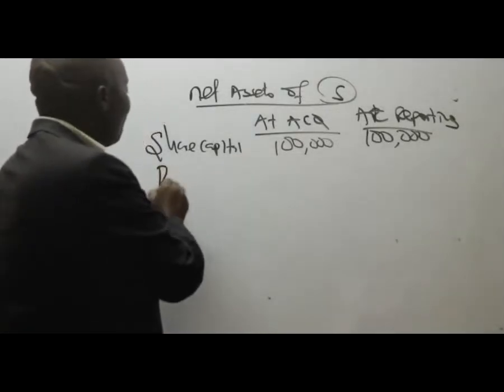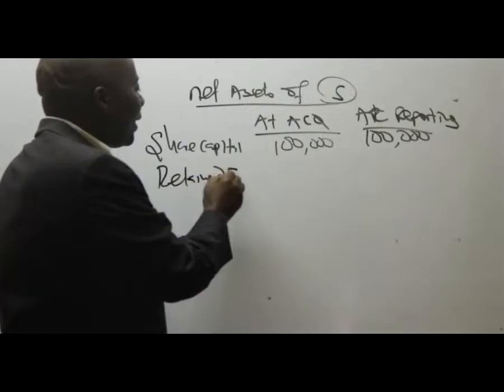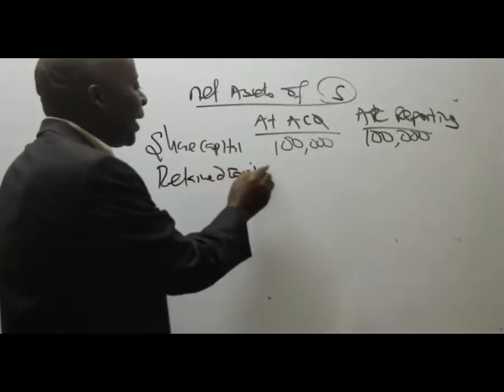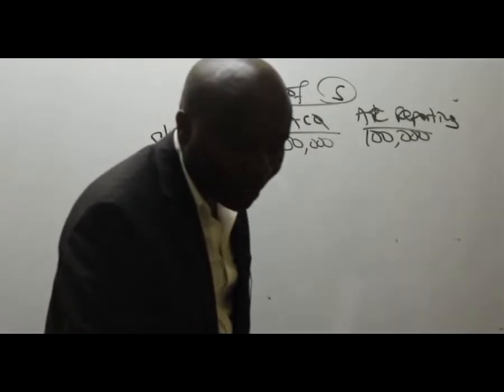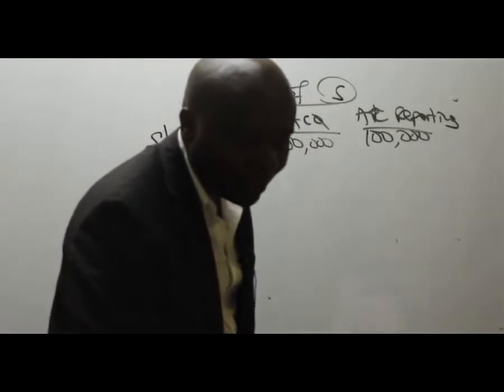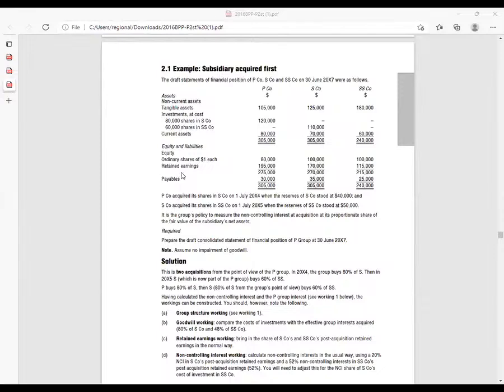From there, give me the retained earnings. These are retained earnings at reporting for S. For S at reporting, retained earnings is 170,000.